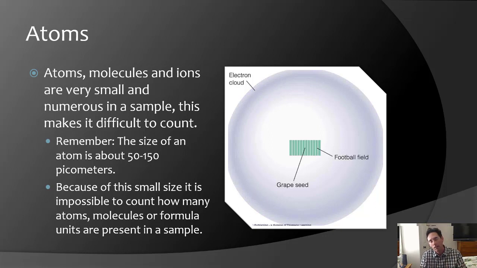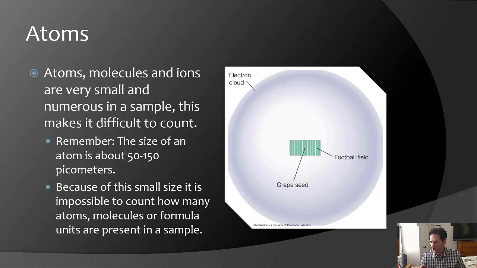And so I've got an image there. Imagine if the nucleus of an atom was the size of a grape seed. Now, for those of you who don't know what a grape seed is, there are actually grapes that contain seeds. If you get one of those seeds and put it on the 50-yard line of a football field. Oh, wait, sorry, this is San Diego Academy. We don't understand football because we don't have that. So imagine if we put that in the center of our field.